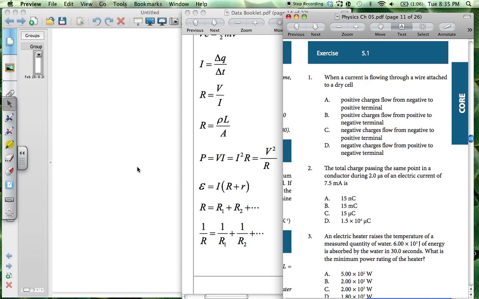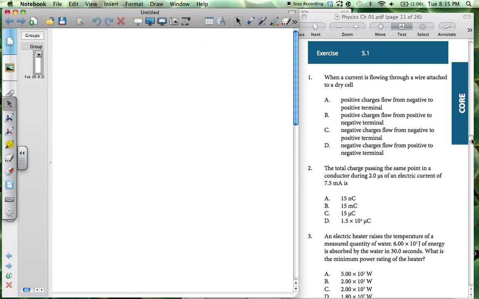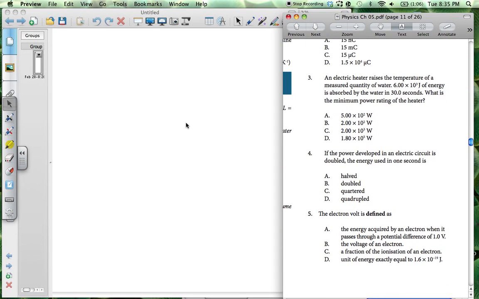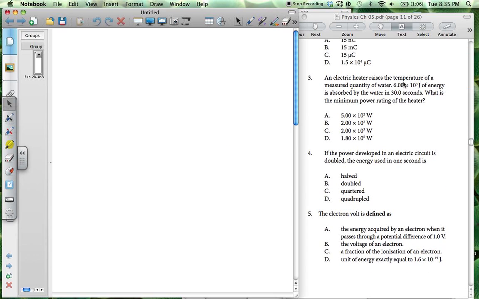Alright. Going on to question 3. It says an electrical heater raises the temperature of a measured quantity of water. 6 times 10 to the 3 joules of energy is absorbed by the water in 30 seconds. What is the minimum power rating of the heater?